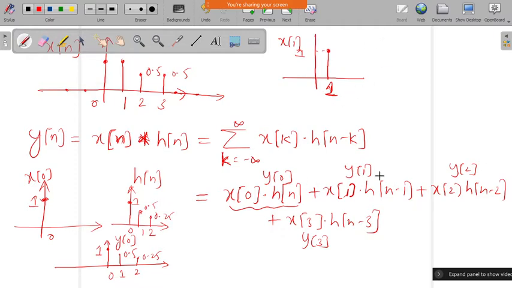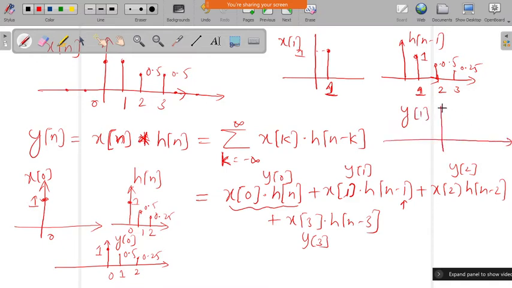Now I need to shift h of n by one unit to the right side. That is your h of n minus 1. So if I shift h of n, at 1 you will have the sample value 1, at 2 you will have 0.5 and at 3 you will have 0.25. Now if I multiply these two, you are going to get y of 1.